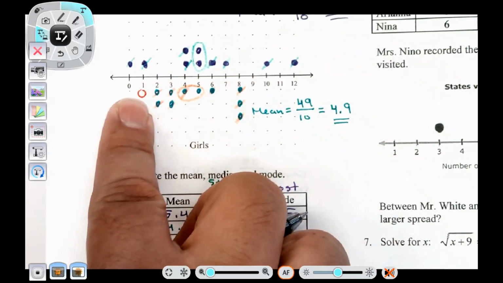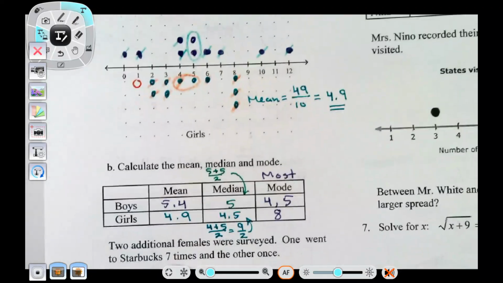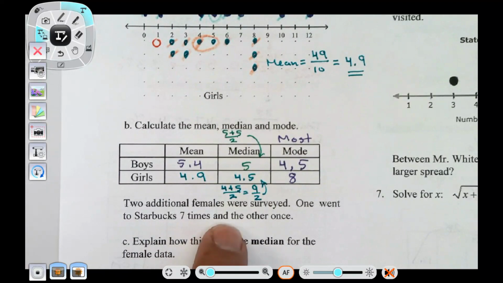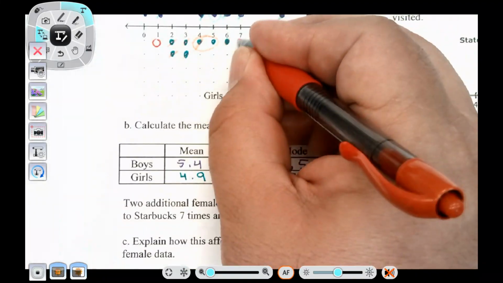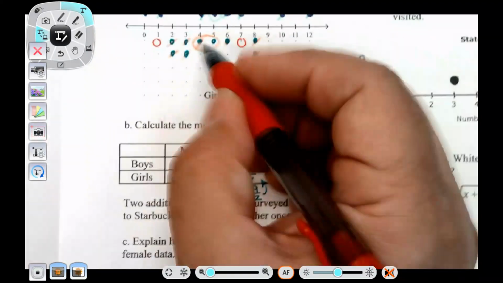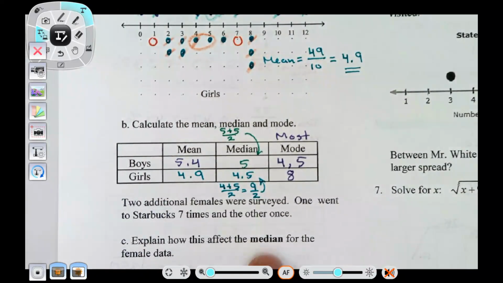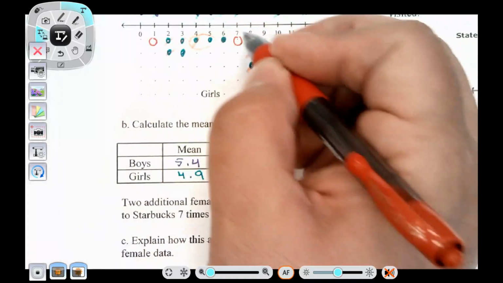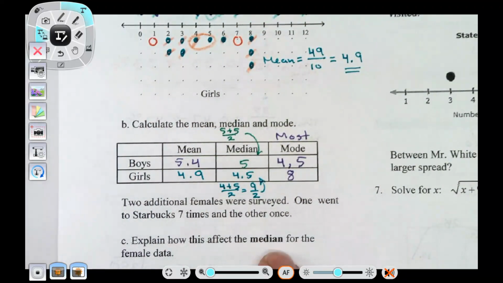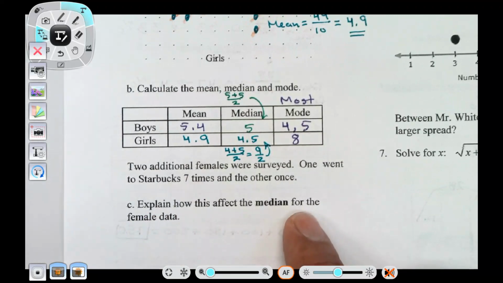You're adding a dot there. And then they said you're also going to add a dot for 7 times. So that would be here. Well, since I didn't put any dots in this area, then the question is, what will happen to the median? Well, nothing, because I would have crossed them out anyways. So explain how this affects the median.